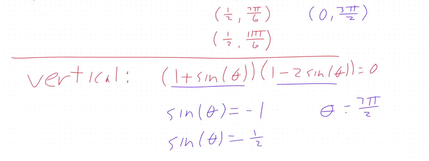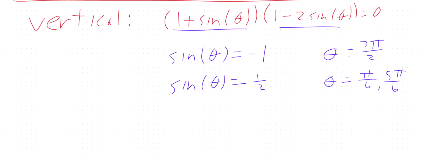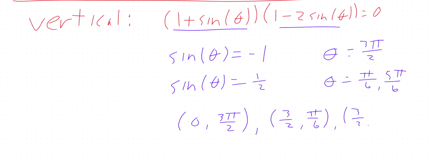And then down here theta is pi over 6 and 5 pi over 6. So our points would be 0, 3 pi over 2, 3/2, pi over 6, and 3/2, 5 pi over 6.